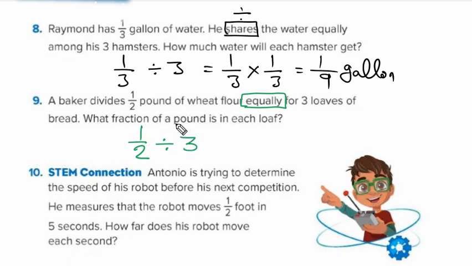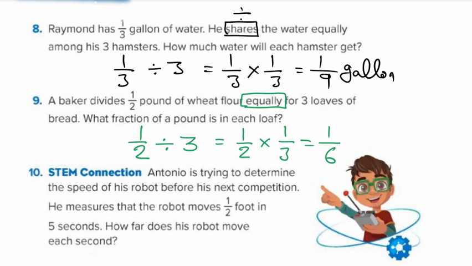What fraction of a pound is in each loaf? 1 over 2 times 1 over 3. 1 times 1 is 1. 2 times 3 is 6.